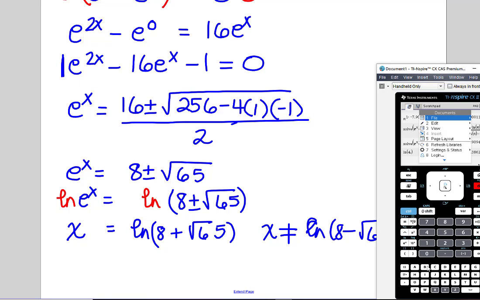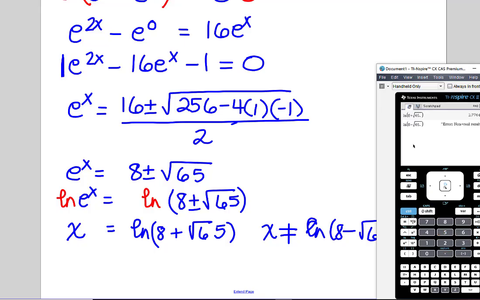So we'll go to the calculator, and we're wanting the natural log of 8 plus the square root of 65, and that's 2.776. And just to verify, natural log of 8 minus the square root of 65 is going to be not real.